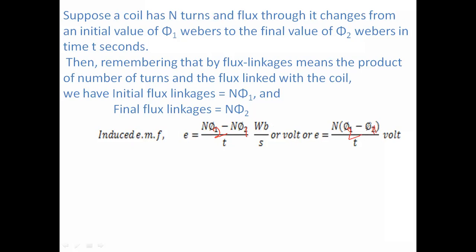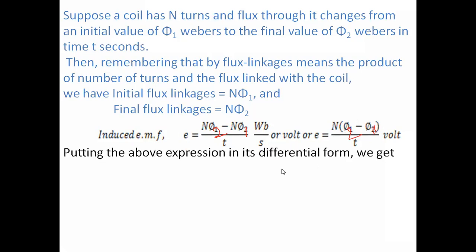This is the change of the flux, which can be represented as dφ by dt. Putting the expression in differential form, E is equal to d by dt of nφ, the rate of change of the flux with respect to time.